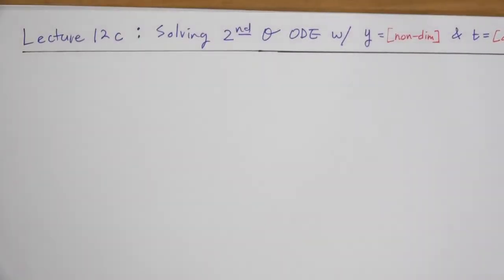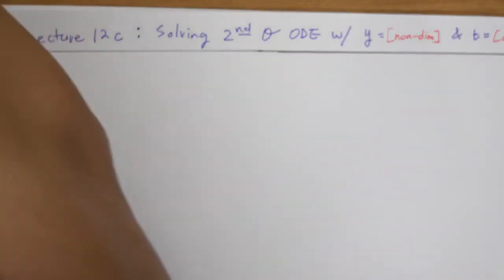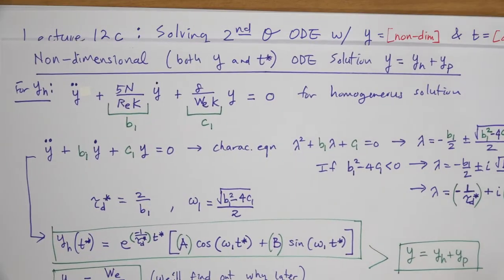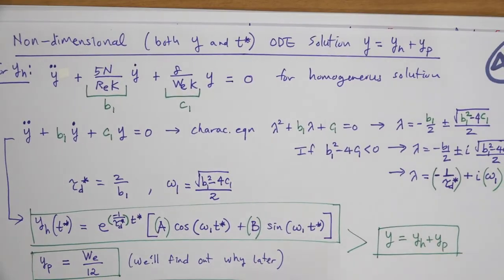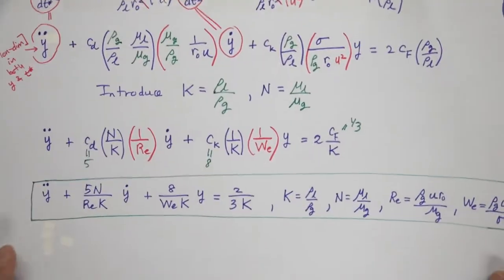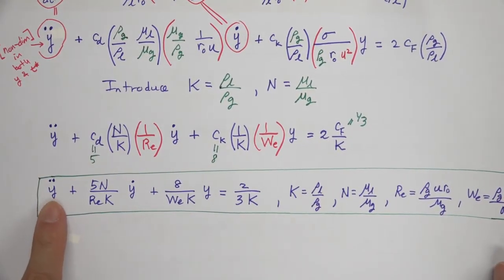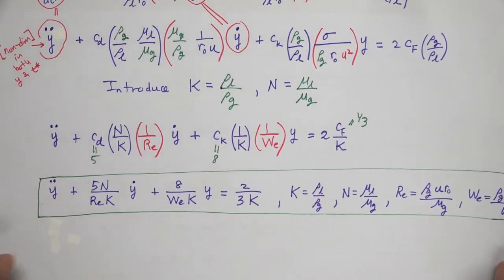Whereas in the last chart I showed you, if you solve this equation right here, with y double dot instead of y double prime, then that is completely non-dimensional in both y and t.